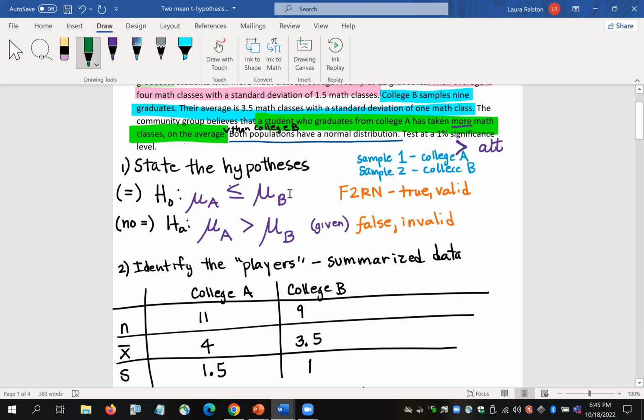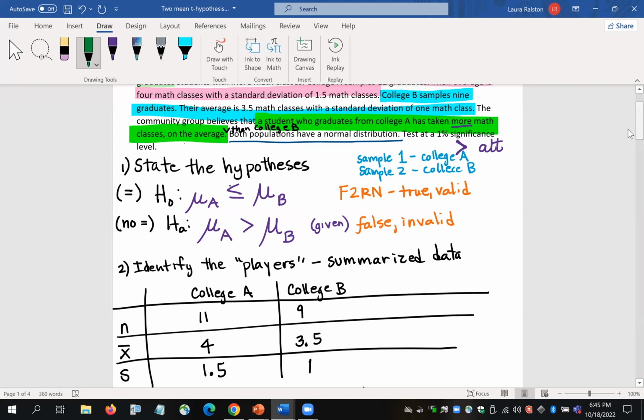By default, then, the null hypothesis, which is the exact opposite of the alternative, is that the mean for college A is less than or equal to college B. Throughout the hypothesis testing process, I assume that my null hypothesis is true. So I have assumed that college A takes less than or equal to college B. I've assumed that that is true.